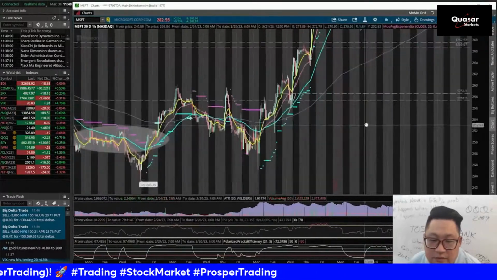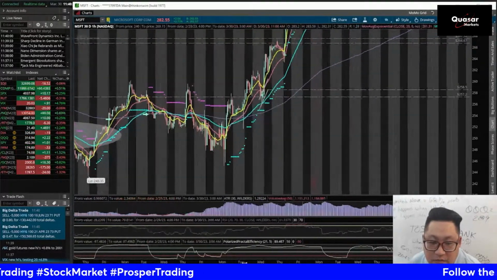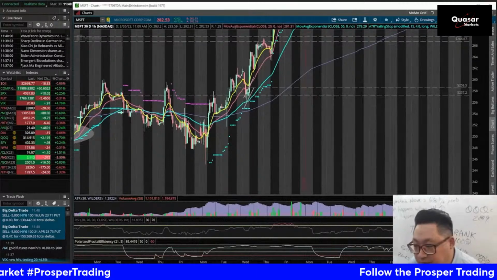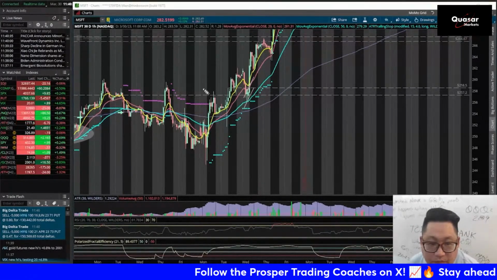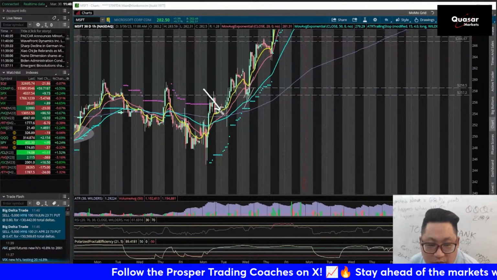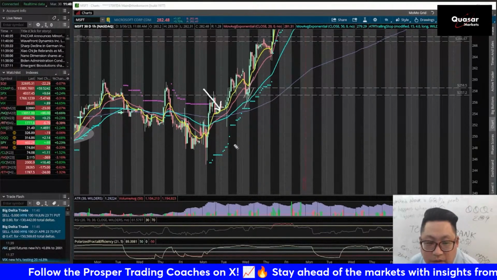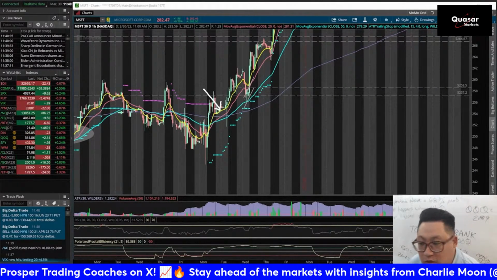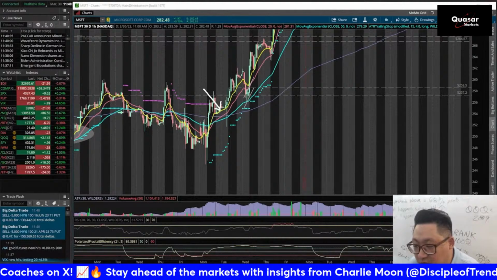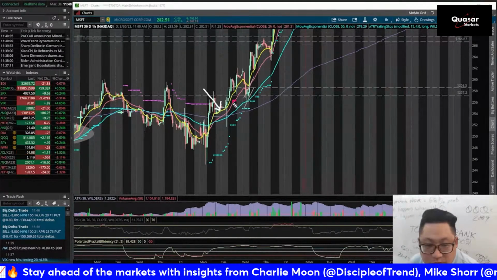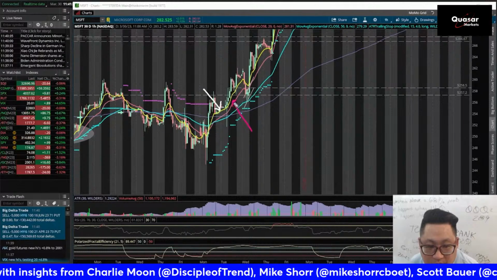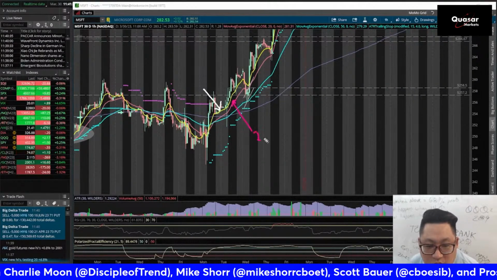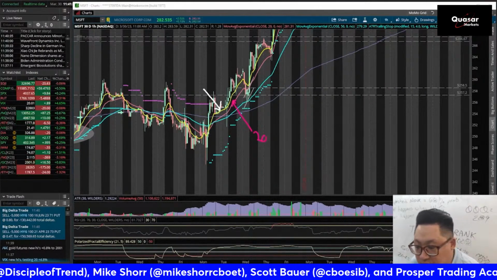So looking at it from the standpoint of the 9 EMA, that is what we're looking to cross up. The 9 EMA would be the yellow line right here. The pink line in the middle, which I'll highlight with a pink arrow right there, that is the 20 EMA, 20.